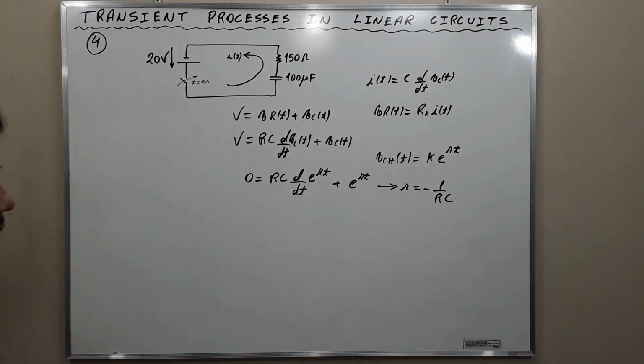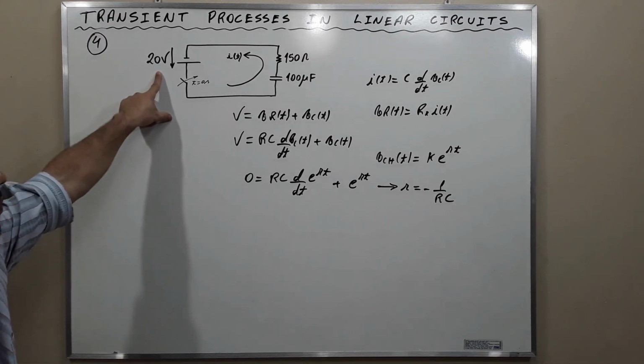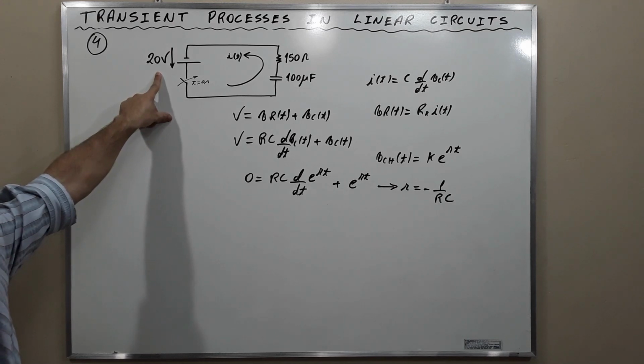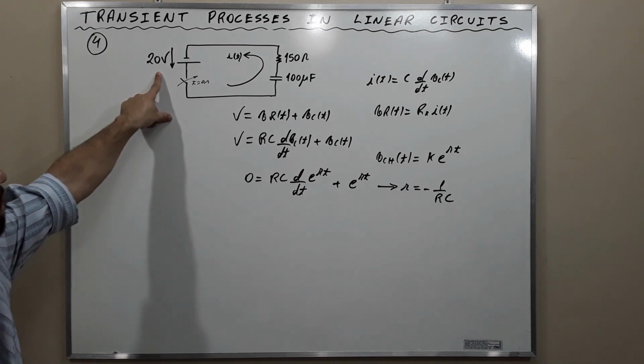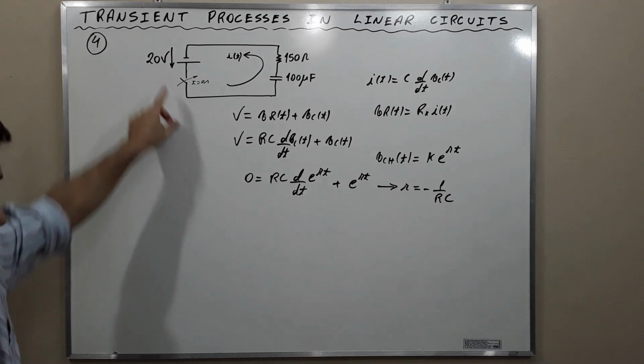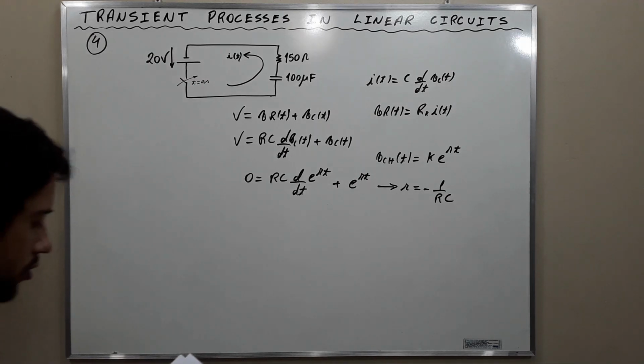Okay? Now let's work on the particular solution. The particular solution has to reflect the nature of the forcing term. The forcing term is a DC power supply. Then the particular solution is going to be a constant.